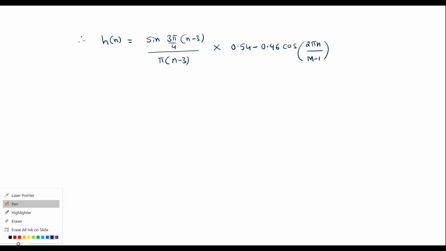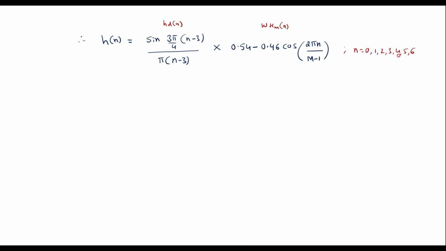So the first term is hd of n and the second term is the window sequence whm of n. Now for different values of n we are supposed to find h of n, that is n is equal to 0, 1, 2, 3, 4, 5 and 6 because m is equal to 7. So n takes the values from 0 to 6.